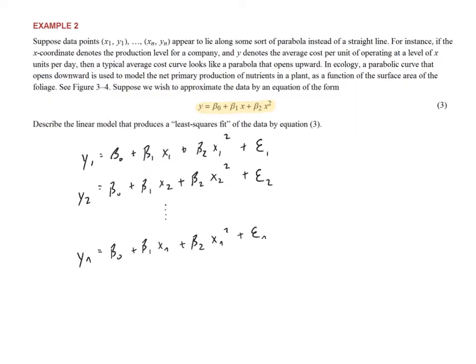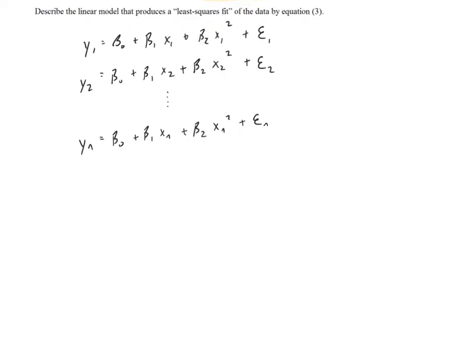Okay, so that's what the equations would look like as I'm substituting the x's in to get my predicted y's, right? And I want to get as close as I possibly can to the observed y's. Well, let's now convert this to a matrix equation. My y's are on the left, so I'll put the observation vector on the left. This is y1, y2, dot, dot, dot, yn.